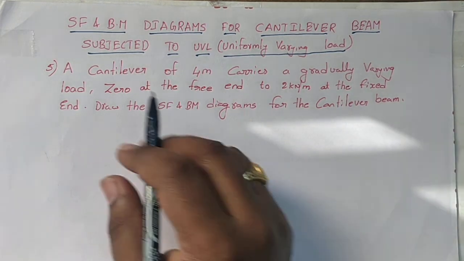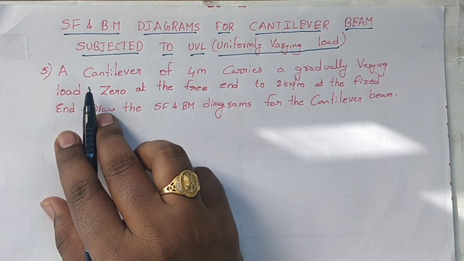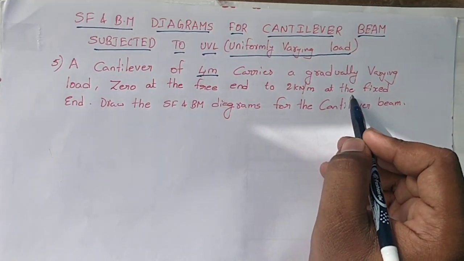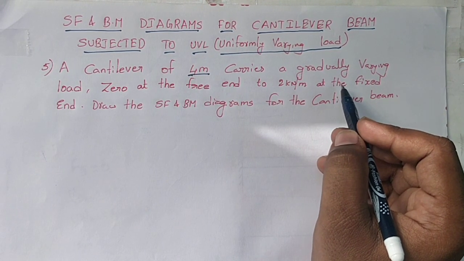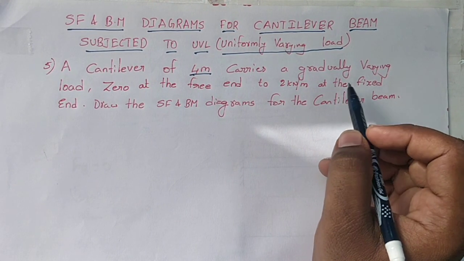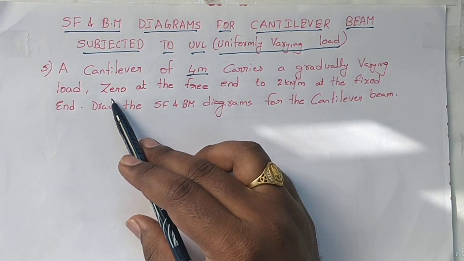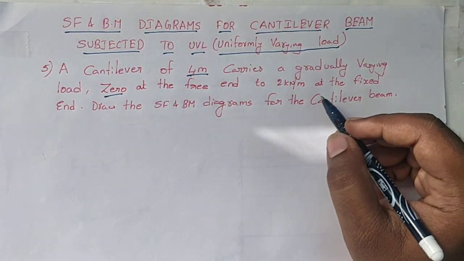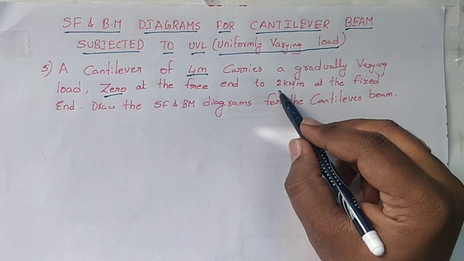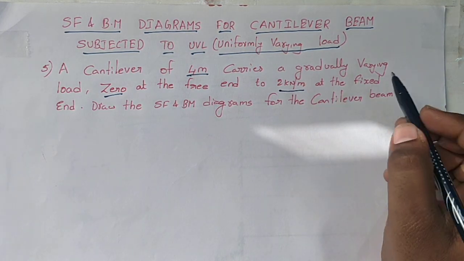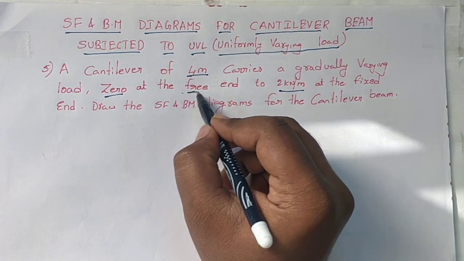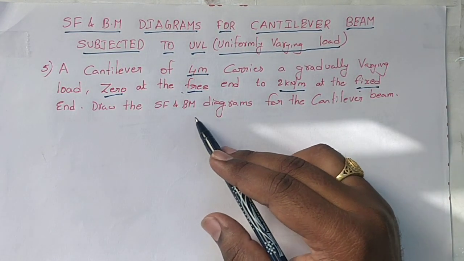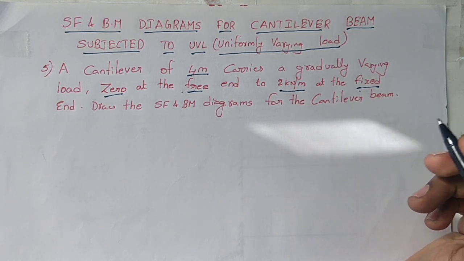Here the problem given is that a cantilever of 4 meters long carries a gradually varying load of 0 at the free end to maximum, that is 2 kilonewton per meter at the fixed end. Free end is 0 and fixed end is 2 kilonewton per meter. Draw the shear force and bending moment diagrams for the cantilever beam.